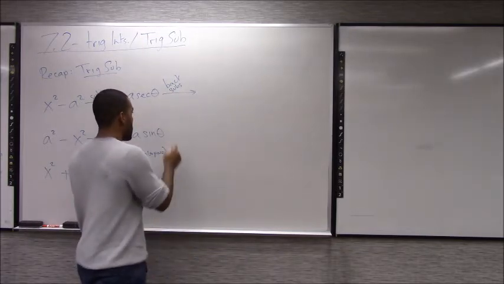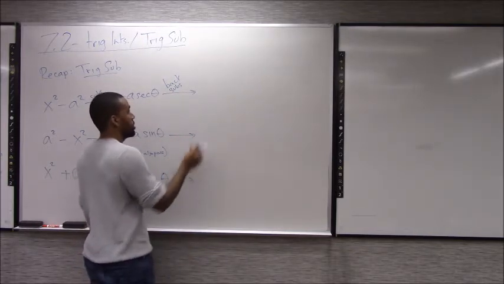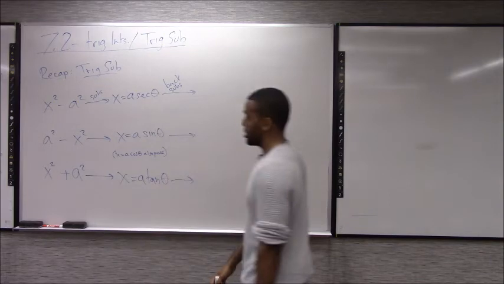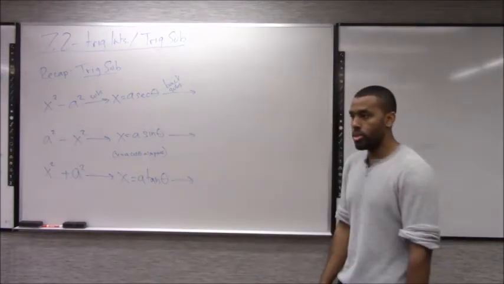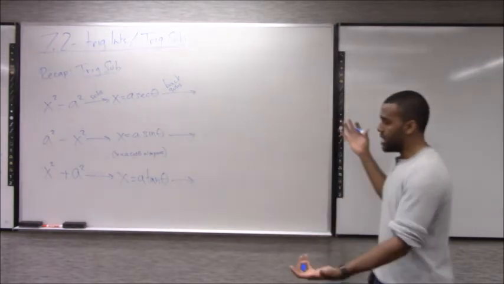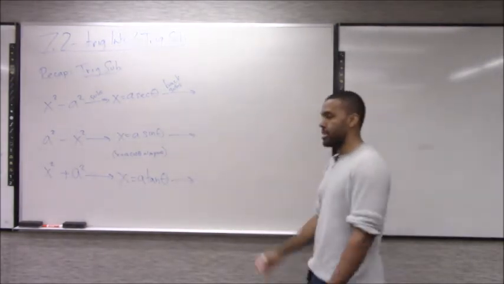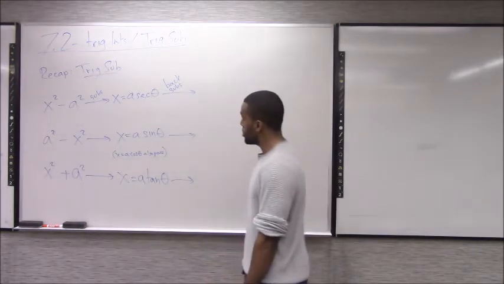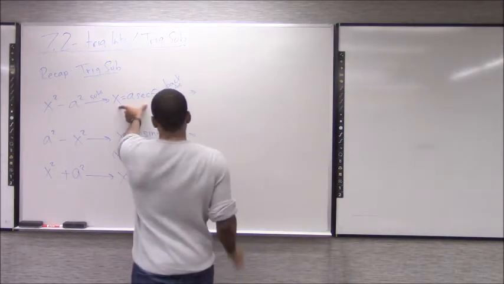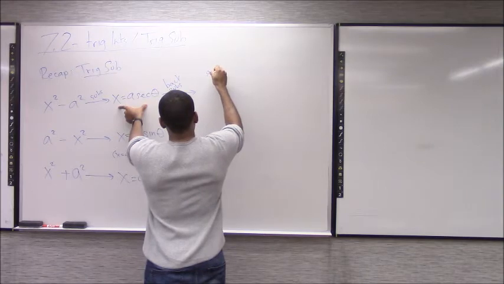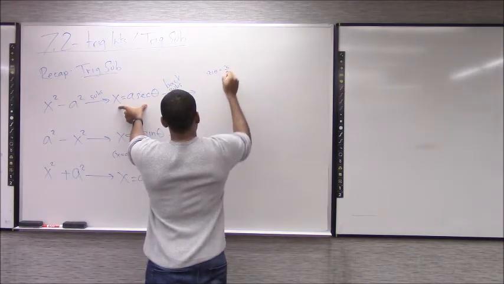Now how do you figure out the back substitution for this guy? If I have an answer now in thetas, how do I change it back to x? What do I use? Make a right triangle. For example here, you realize that secant theta is equal to x divided by a.